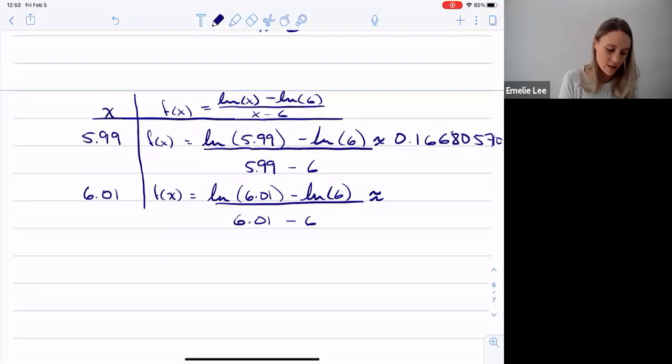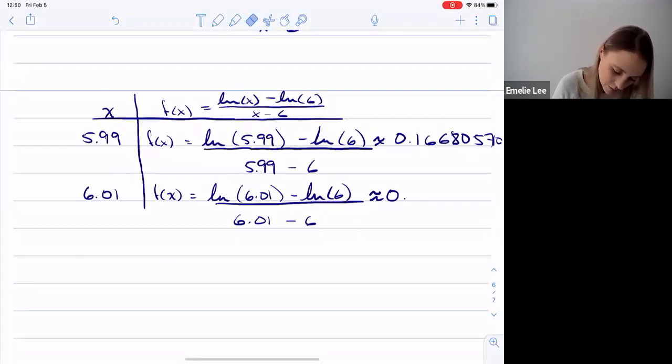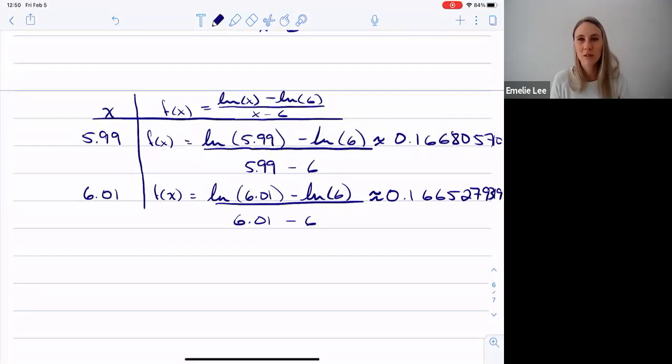If I do that on my calculator, I get roughly 0.1665279319. What did I say? Phew, because to 3 decimal places, these 2 round to the same thing.